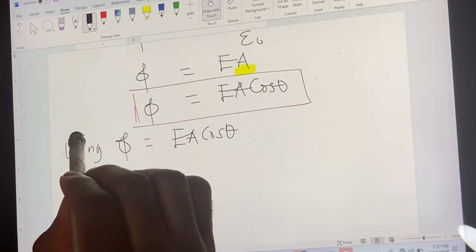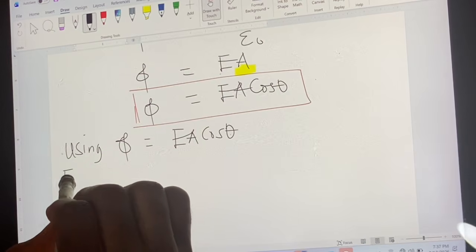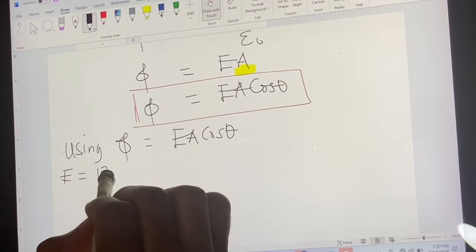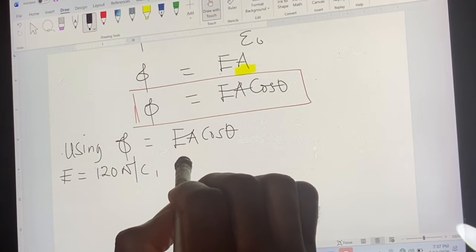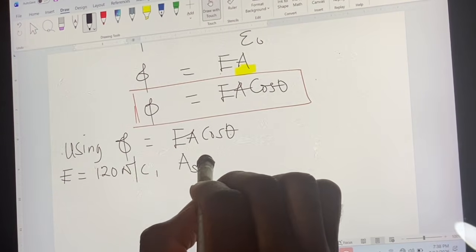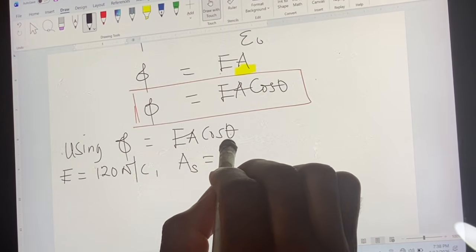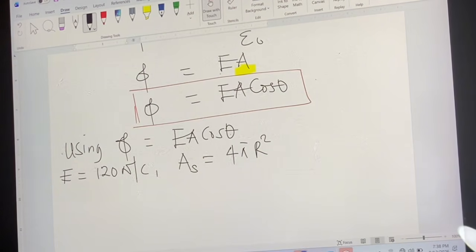So let's add the parameters here. E from the question is 120 Newton per coulomb. For area, the shape there is a sphere, so we have the area of a sphere to be 4 pi r squared, and what is given to us here is the diameter. So let's calculate the radius.